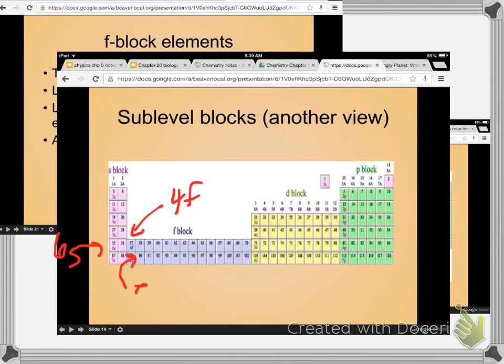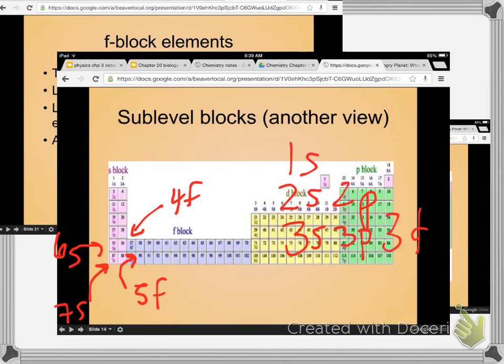These guys are filling in the 5f, because remember this is filling 7s, and f is always 2 behind. This gives a whole new perspective to why you don't need to draw out all of the orbitals possible here. You really don't need to go beyond the line that concludes with 5s.